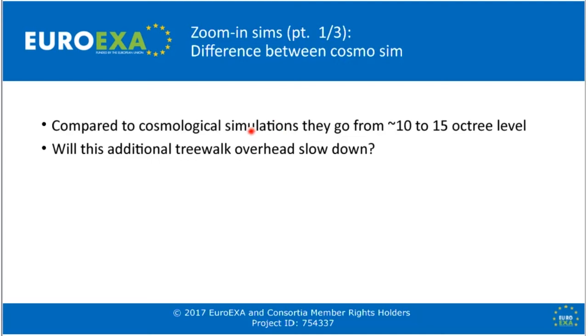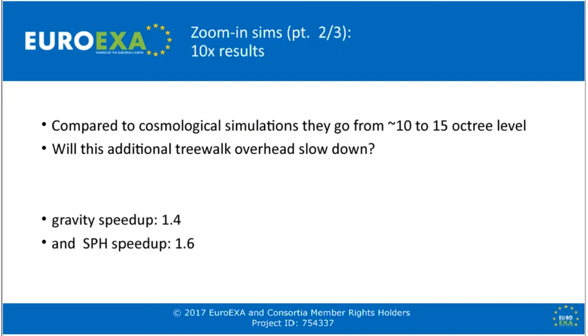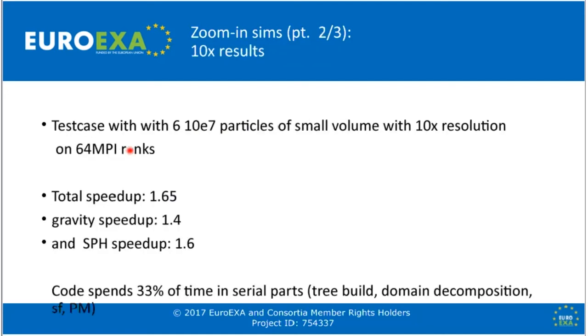So there is a larger overhead for the tree. For instance, with 10 to the 7, almost 10 to the 8 particles, and a central region with a resolution 10 times larger than the region outside, we had a downgrade in the speed up, which went down from 2 to 1.6.